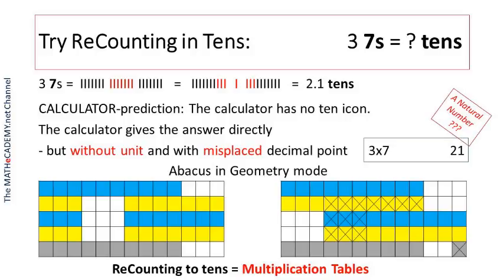Instead, the calculator gives the answer directly, but without a unit and with a misplaced decimal point, by writing 2.1 instead of 2.1 10s. Recounting to tens is called multiplication tables.